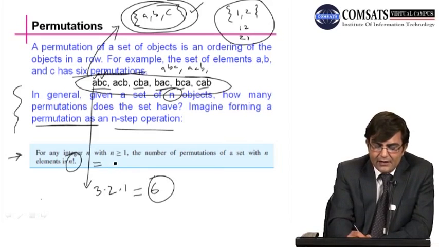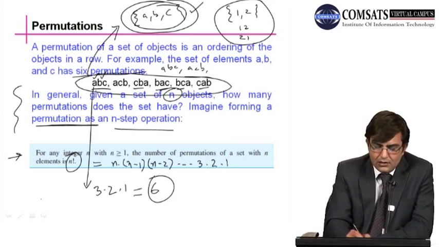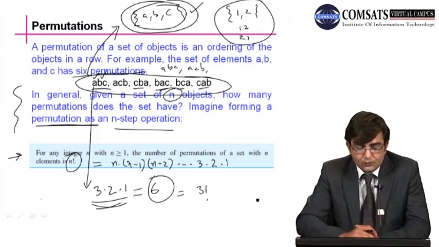N factorial is basically n into n minus 1 into n minus 2 and so on into 3 into 2 into 1. If n is 3, then 3 into 2 into 1 is 3 factorial, which is 6. So the number of permutations of a set with n elements is basically n factorial.